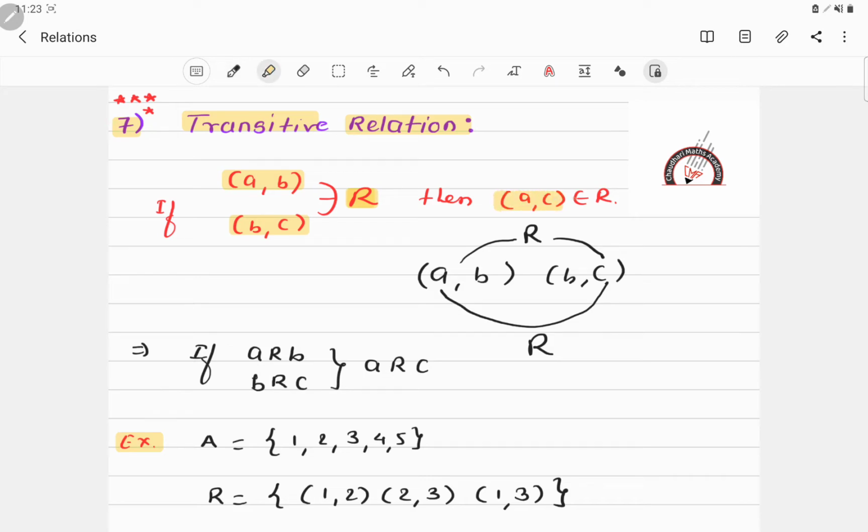If this is the case, then we say it is a transitive relation. Once again, I am explaining: if the ordered pair (A, B) belongs to the relation, then (B, C) also belongs to the same relation, then directly the first one and the third one in the list.